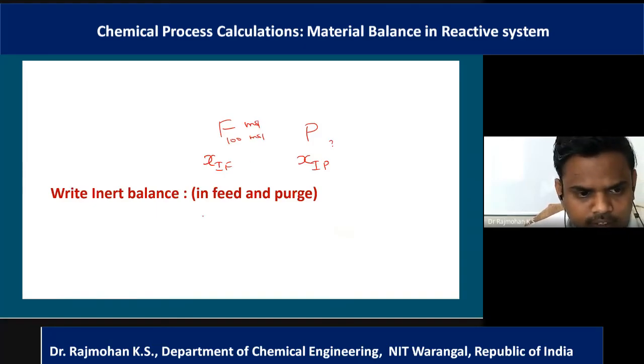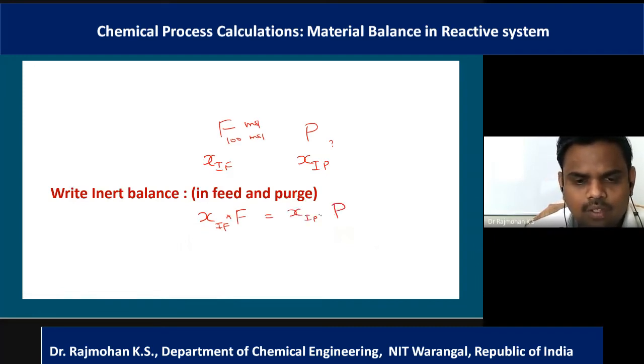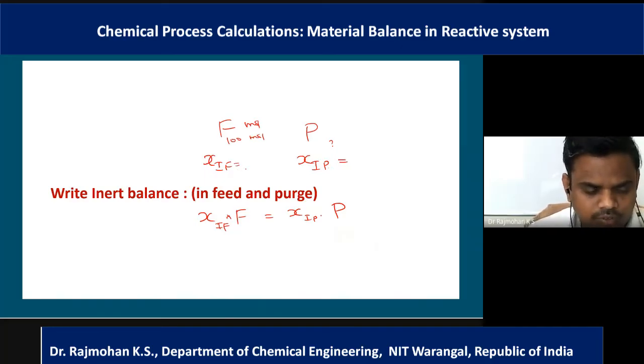But now we are writing this. What is the amount of inert in the fresh feed? That is x_IF into F, equal to x_IP into P. So now we have this composition, and we have this composition also.